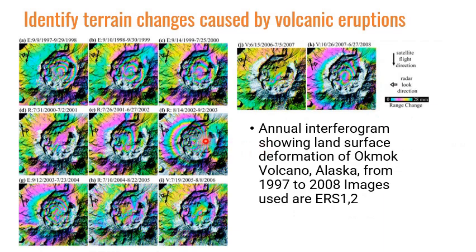Here is an example of identifying terrain change caused by volcanic eruption. You can see the annual interferograms showing land surface deformation of Okmok volcano in Alaska from 1997 to 2008 using ERS-1 and 2.